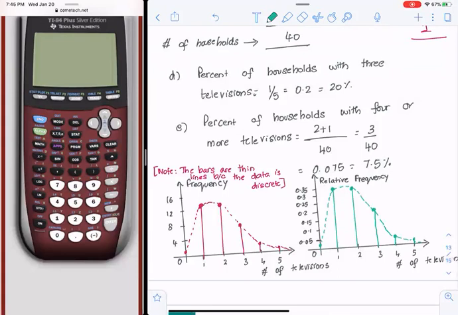We call this a histogram, but the bars are simply thin lines because the data is not continuous. In other words, we cannot have 1.5 televisions. We cannot have 2.25 televisions. It's either 1 or 2, nothing in between. So we were able to identify the shape, but I'm connecting it with simply a dashed or dotted line because the data is discrete.